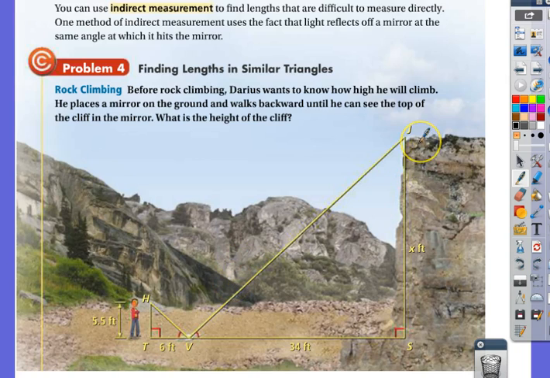I want to know how tall that cliff is, but I can't climb it to measure it. I know you've got an app on your phone that measures the cliff face, but this is the way we had to do it old school. Do people actually come into situations where they have a mirror and a cliff? Probably not, but have you ever seen the guys out on the roadway with the little tripods?